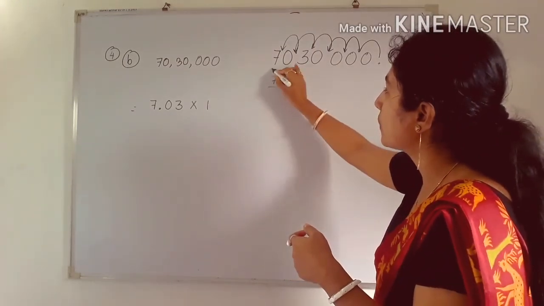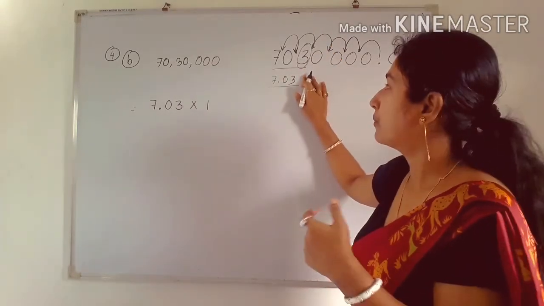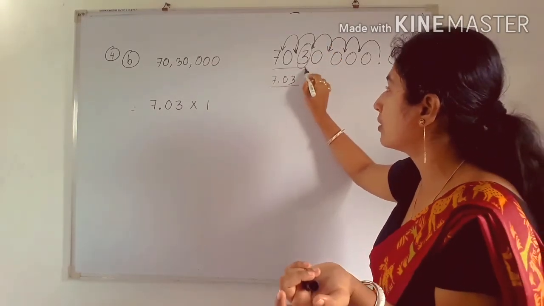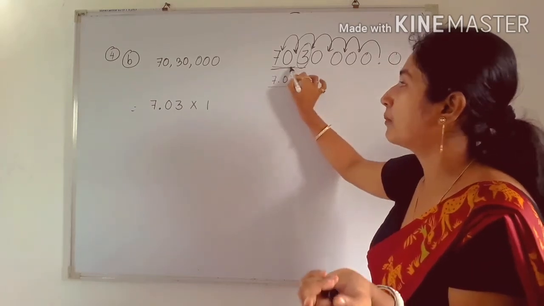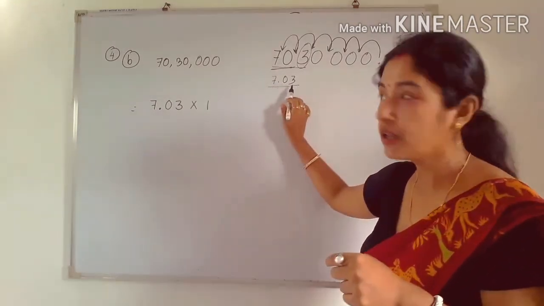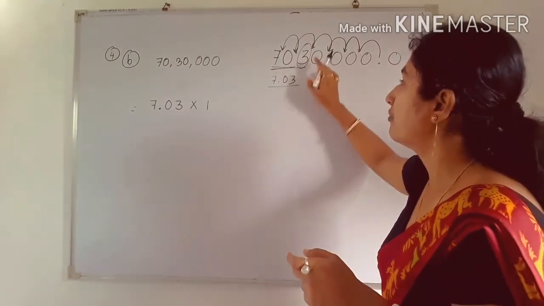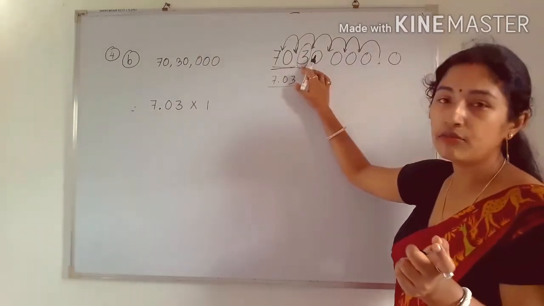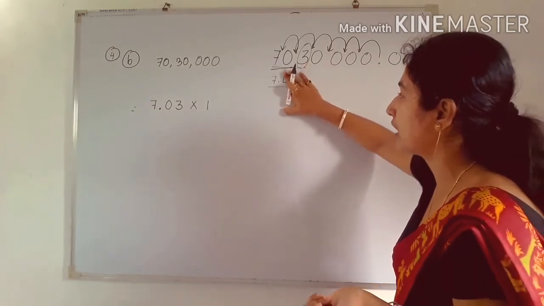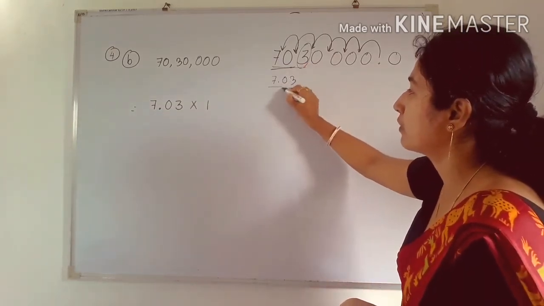Why am I writing 7.03? Because another digit is there. In our previous example there was no digit, so I wrote only 5.4. But here I have to write 7.03, because after 0 one digit is there. If it would have been 0, then we could skip that one. But we have to write this number 7.03.